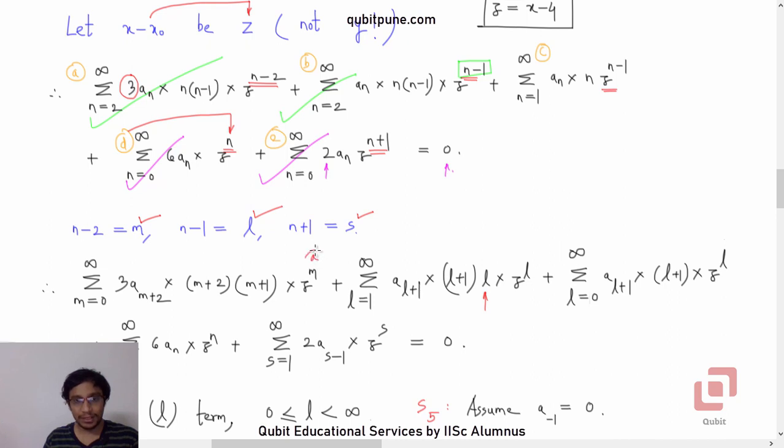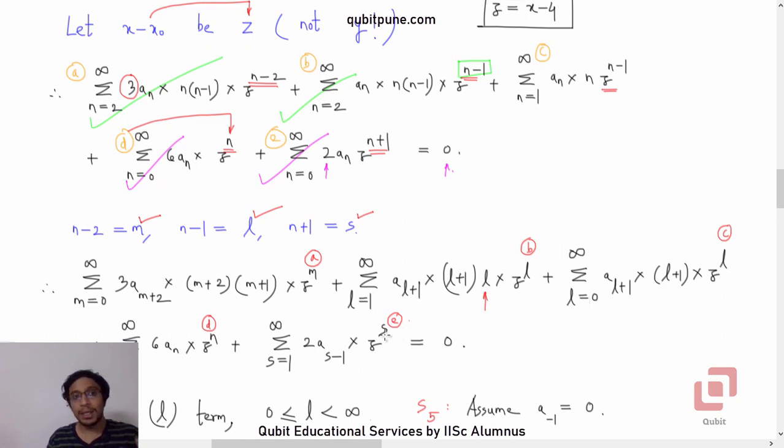For A, it has now become z raised to m, because we have substituted n minus 2 as m. For the terms B and C, because we have substituted n minus 1 as L, it is z to the power L and z to the power L. And for D, nothing is going to change obviously. But for the last one, n plus 1 will change, and we have to write it as S.